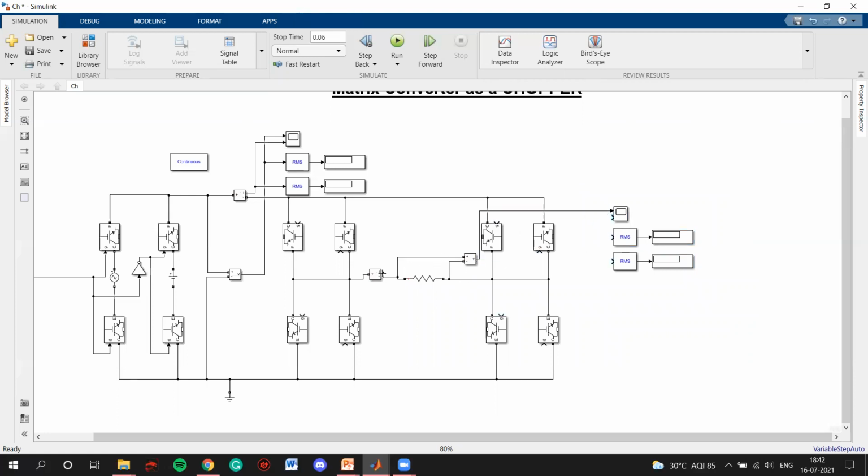Voltage will go here, current will go here, voltage and this will be current. Okay, so now let's take our pulse generator. Let's design the control section, right?